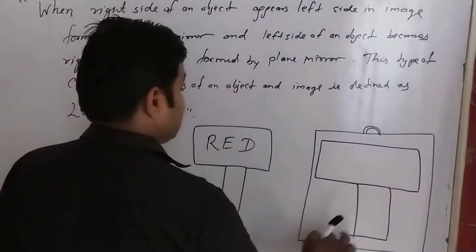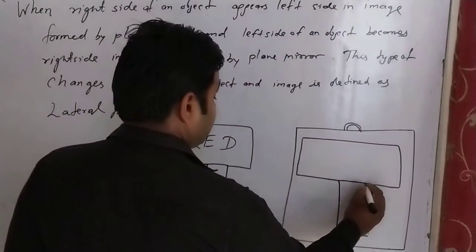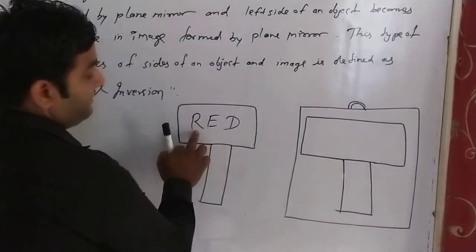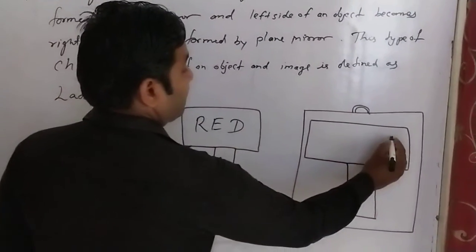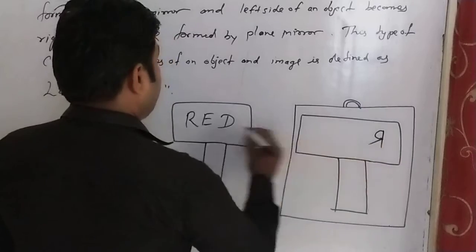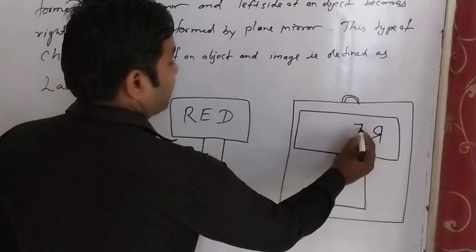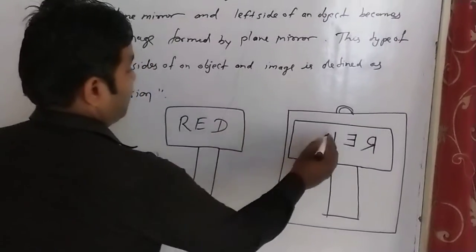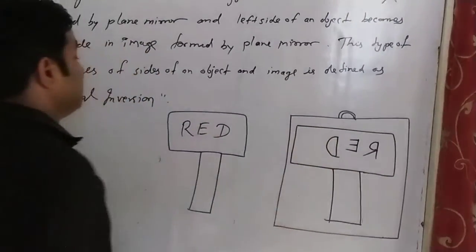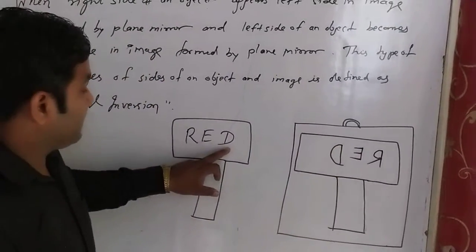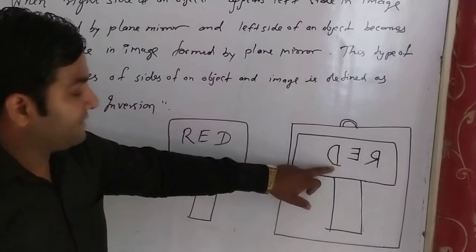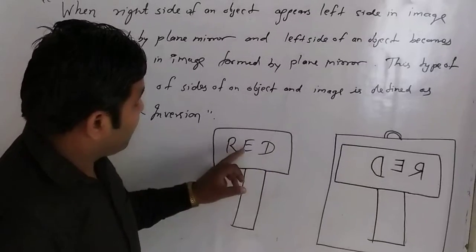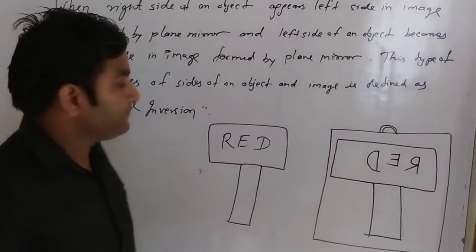You see how this is possible? This is the right side in the object condition, and this is the left side in the image condition. In this way, the image of Red appears in the plane mirror.